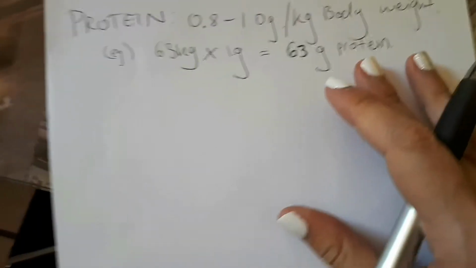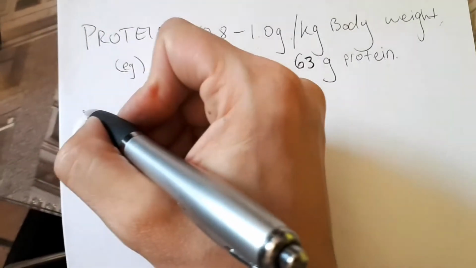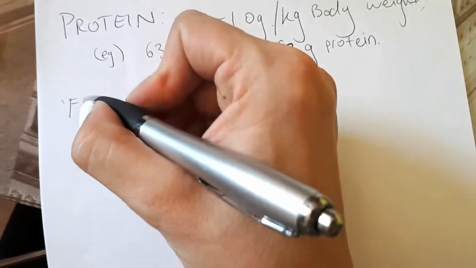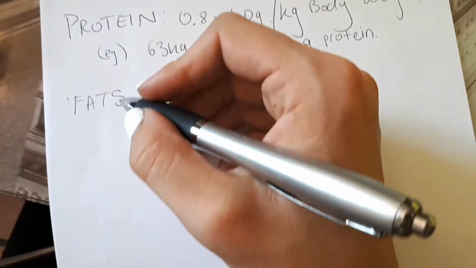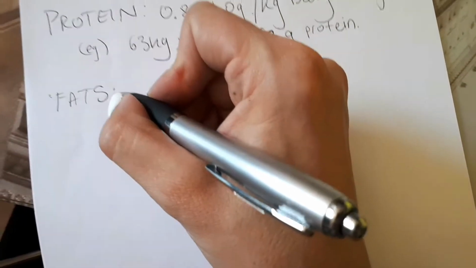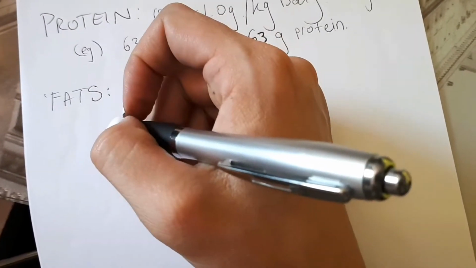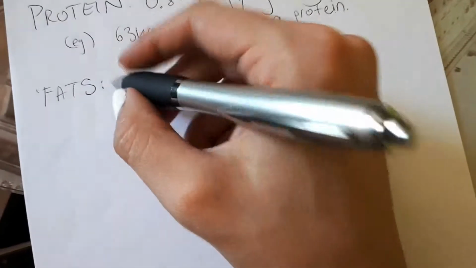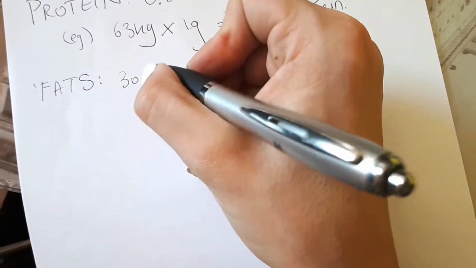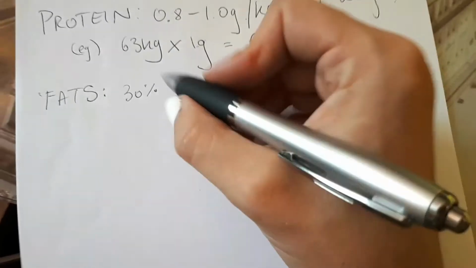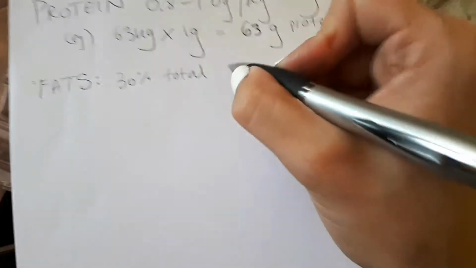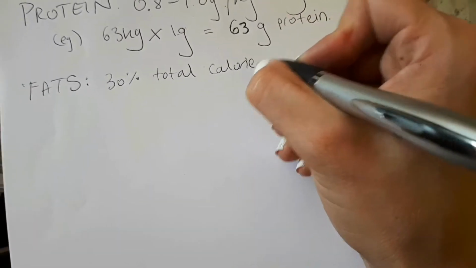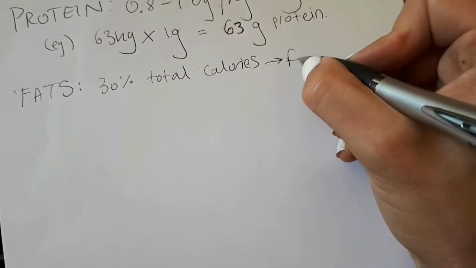Okay, next we're going to work out your fats. And fats, again, are from the American Association. They say 30% of your total calories should be from your fats.